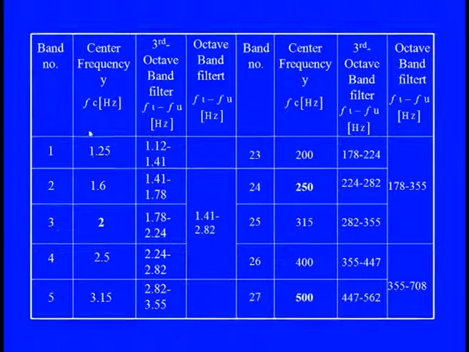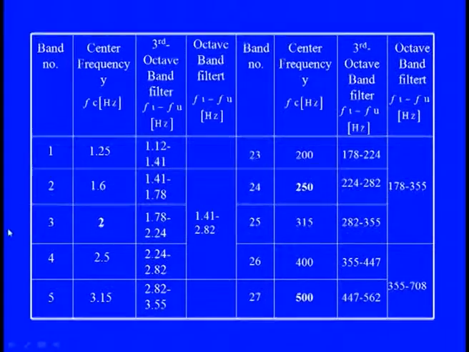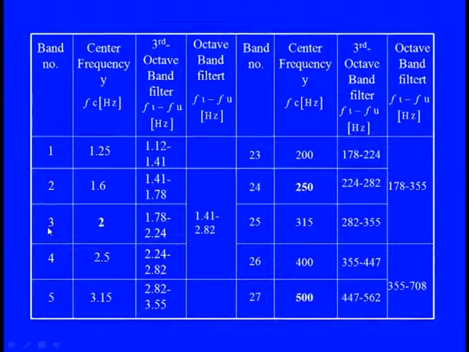When we increase the band number, say at band number 3, our central frequency is 2, and the third octave band FL to FU is 1.78 to 2.22, and the octave band filter for this is 1.41 to 2.82.